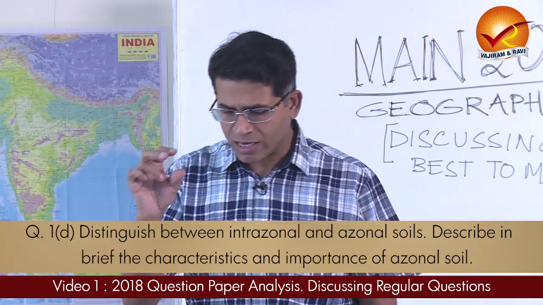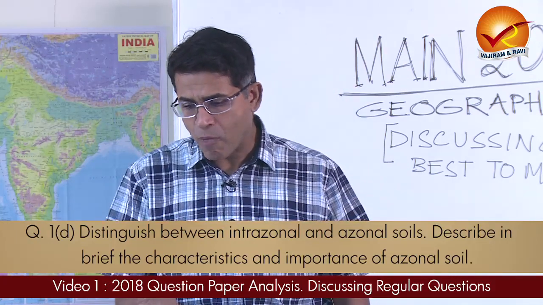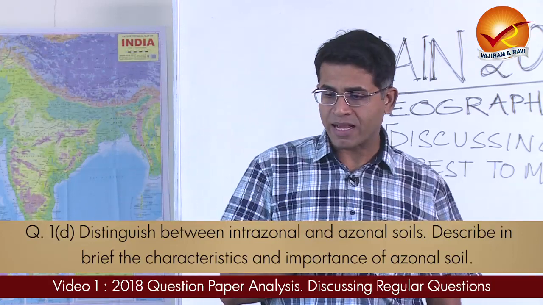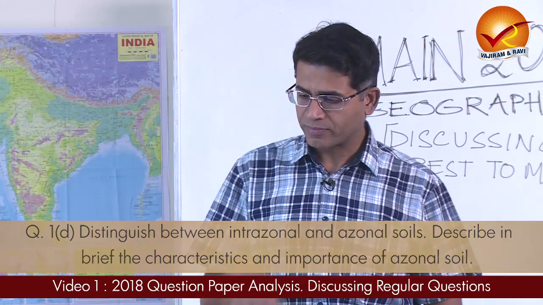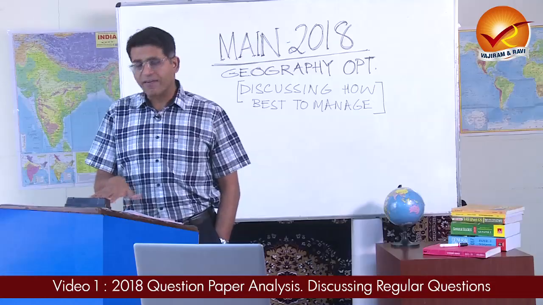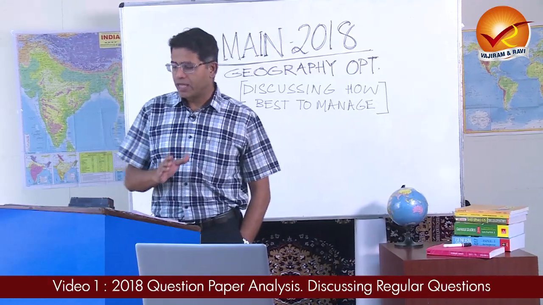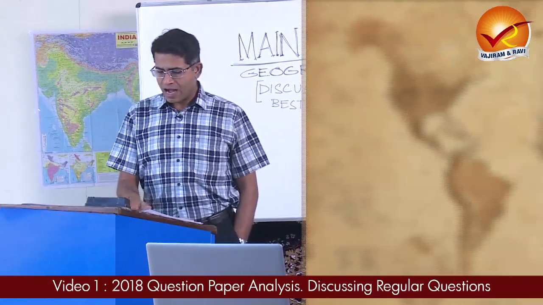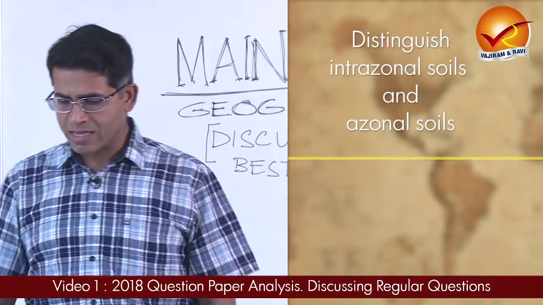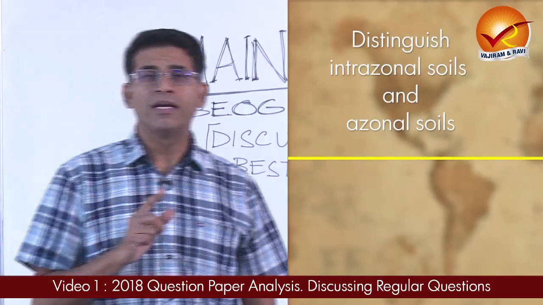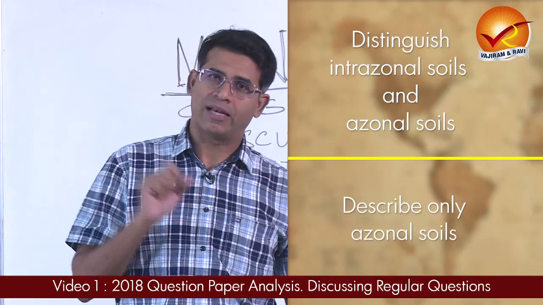So a short discussion. And the more important part could have been also on the basis of describing the characteristics and importance of the azonal soils. Now, if I divide this answer, it should have been probably half-half, half to distinguish intrazonal and azonal, and another half you should have focused on describing only azonal.